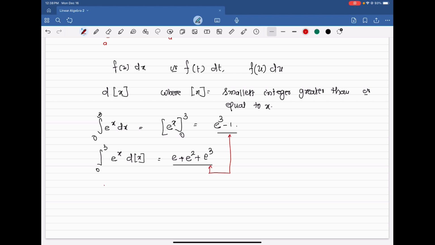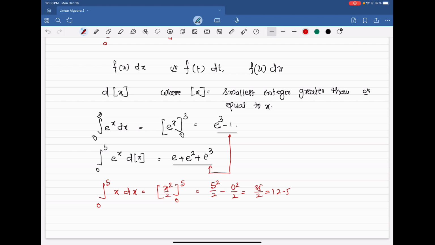problem than this. Integral 0 to 5 x dx. What is the value of it? x square by 2, integral 0 to 5, that is equal to 5 square by 2 minus 0 square by 2, that is 25 by 2, that is 12.5.